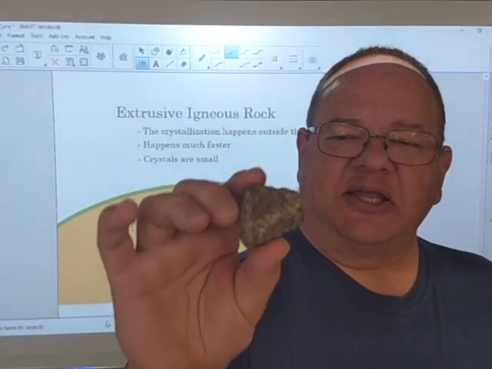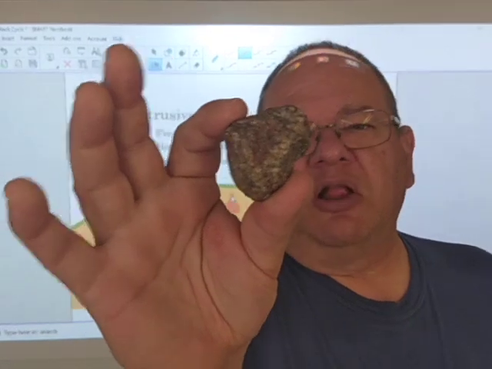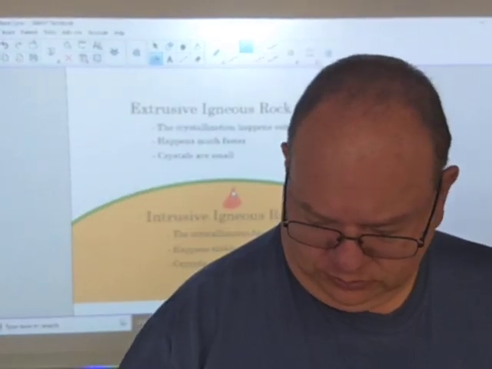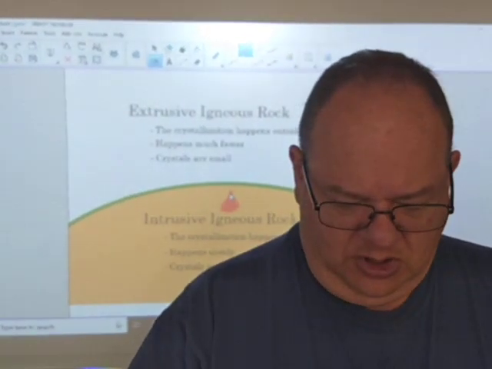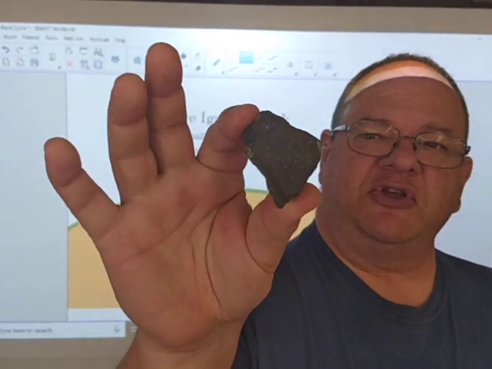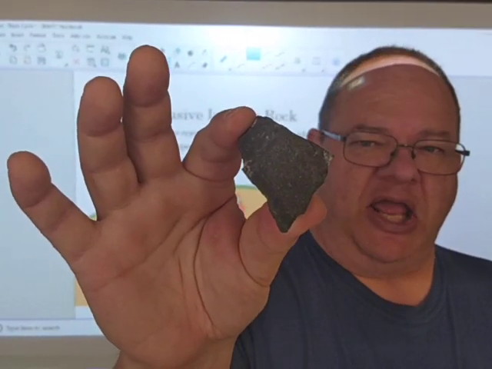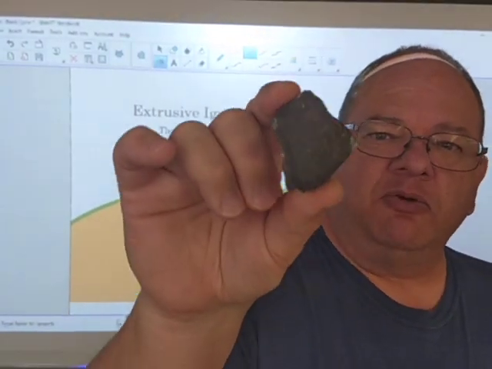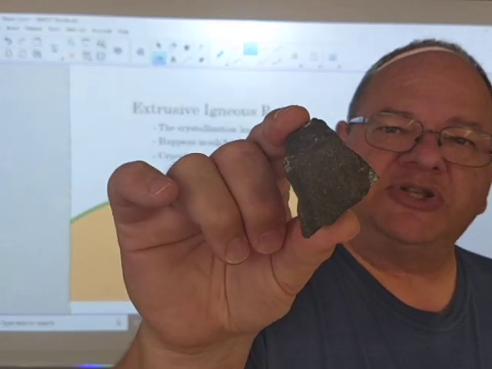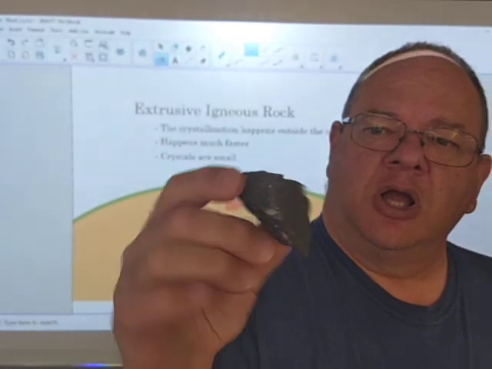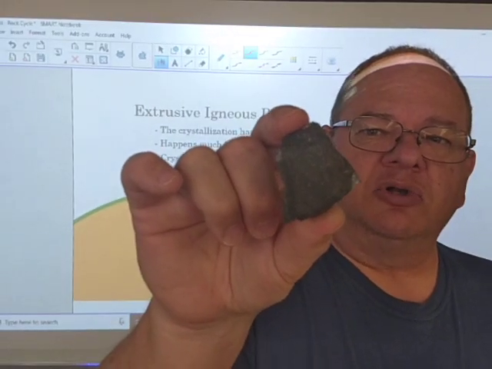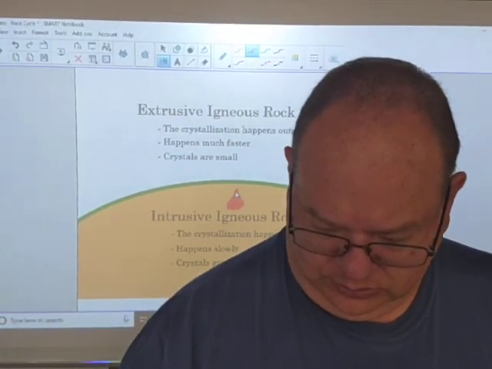And what that means is that this rock cooled relatively slow. This piece of rock just looks kind of a uniform gray, and with just my eye, I really can't make out any individual crystals. Maybe through a microscope, we might be able to see it. I'm guessing that rock cooled very quickly.